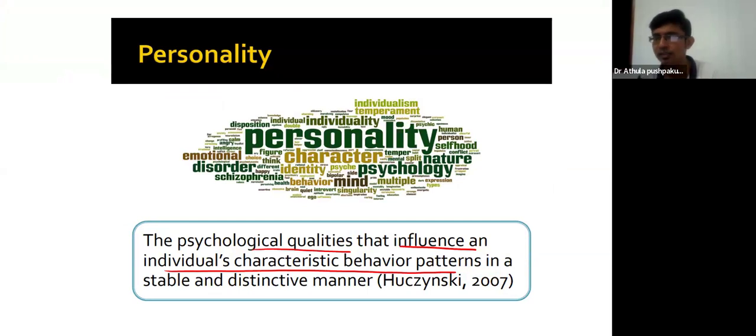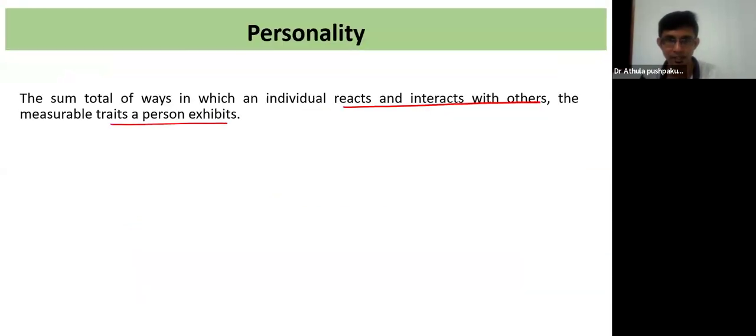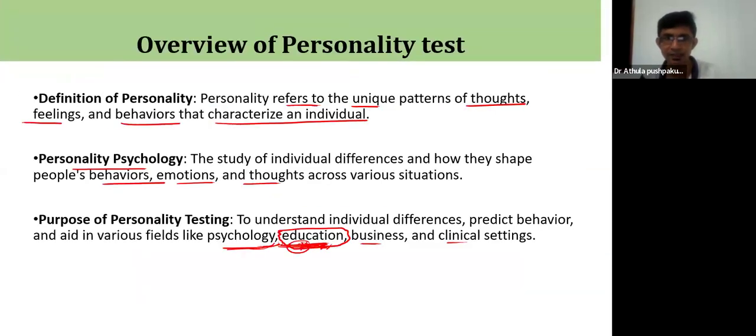This is called personality. And then we discussed the purpose of personality testing, which depends on various fields or industries. According to our syllabus, our scope is limited to the field of education.